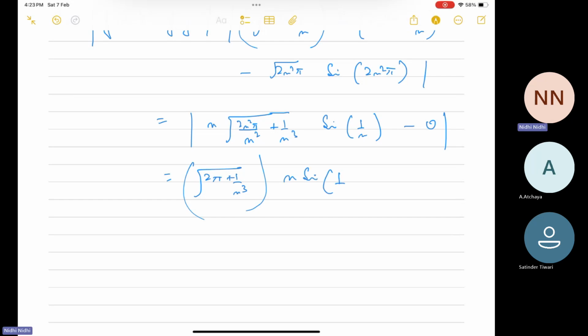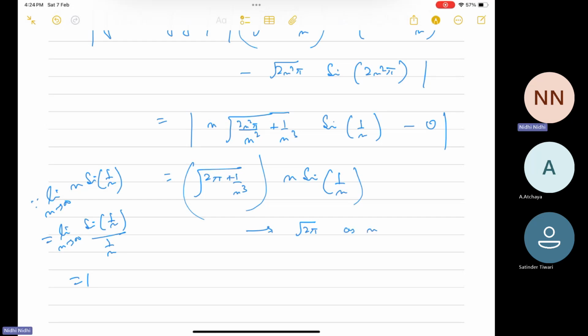root of (2 pi plus 1 by n) times n sine 1 by n. We know that the sequence n sine 1 by n goes to 1 because the limit as n tends to infinity of n sine 1 by n is the limit of sine 1 by n upon 1 by n, and we know that this is equal to 1. So this will go to root 2 pi as n tends to infinity.